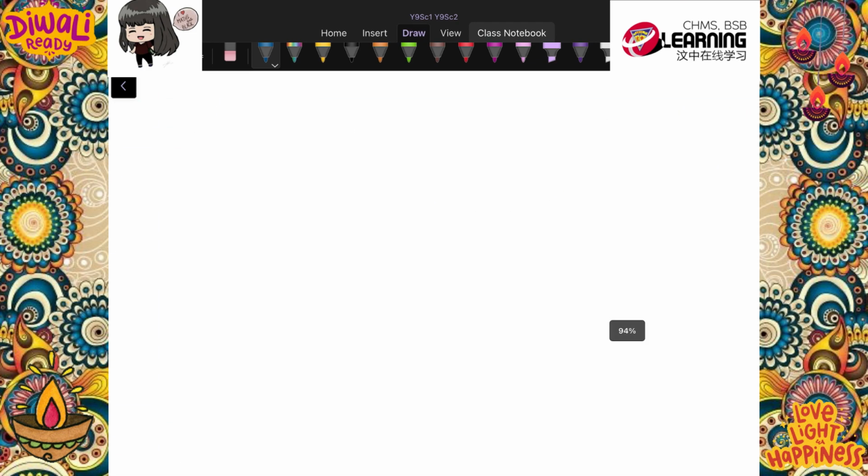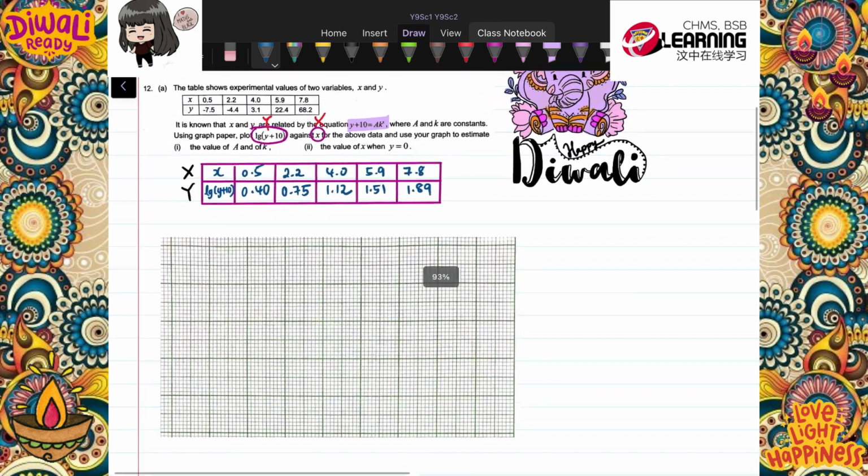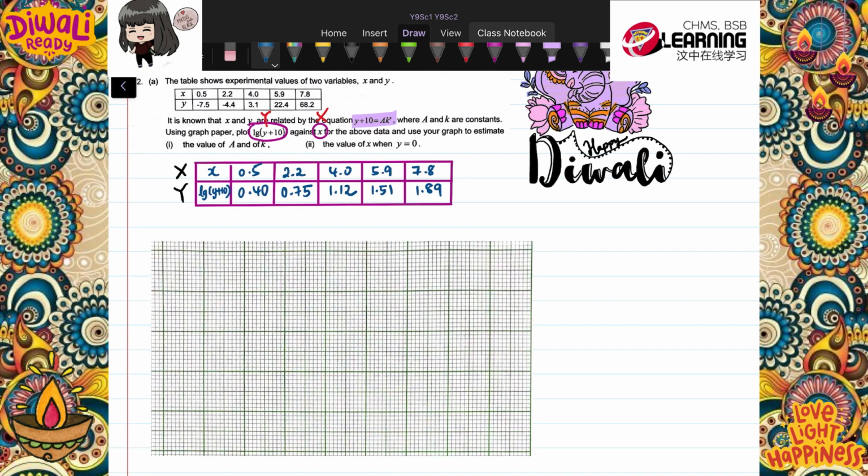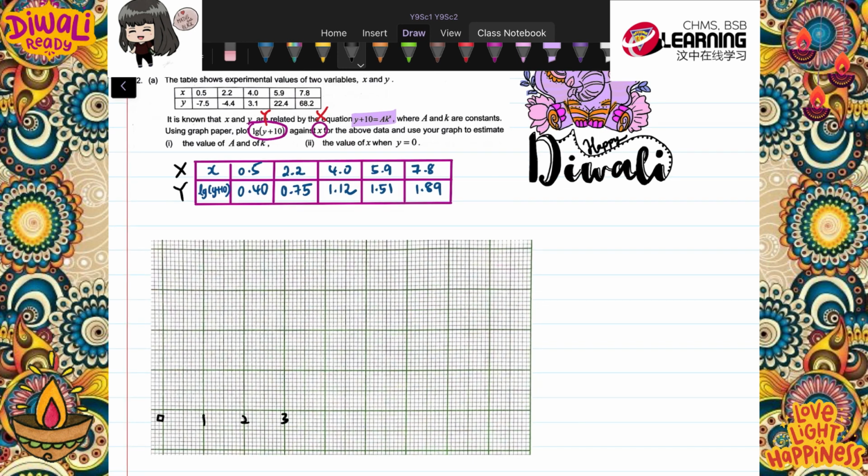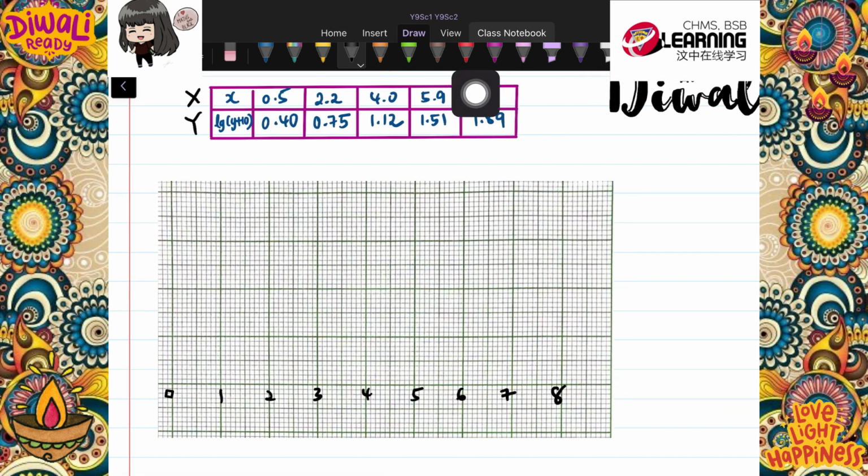Right, so I draw my graph now. I'll be using a scale on the x-axis of 2 centimeters to 1 unit. The highest here is 7.8, so I go up to 8. As for my big Y, the biggest is 1.89, so I'll go up to 2. So 0.5 here, 1, 1.5 and 2.